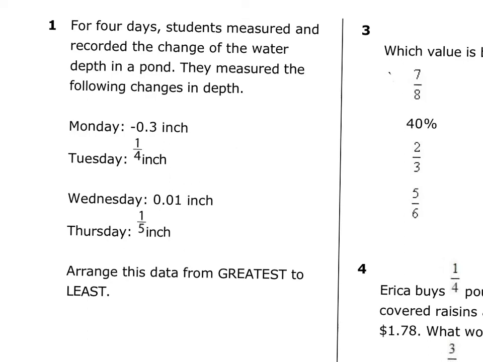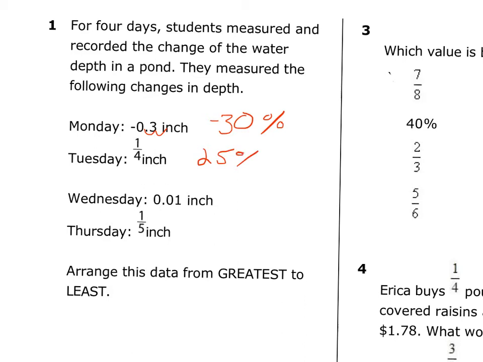Alright, so if we're changing these into percentages and you have negative 0.3, what is negative 0.3 as a percentage? Negative 30%. Alright, we move it twice and you get negative 30%. Alright. Now, 1/4 inches you should already know is 25%.